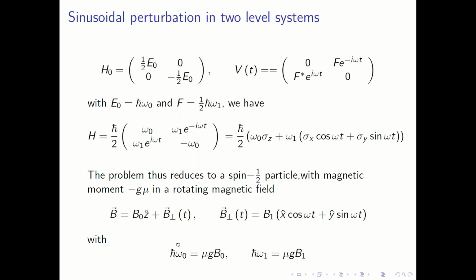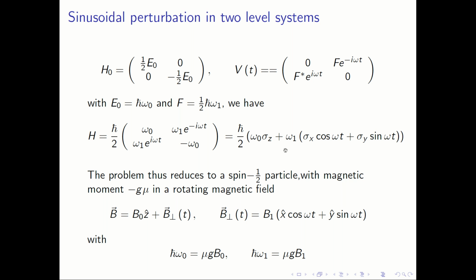Then h cross omega 0, this coefficient, and h cross omega 1 simply can be related to the b0 and b1. So this is straightforward. If you put an electron or any other spin half particle with a charge, of course, with a magnetic moment in a uniformly rotating magnetic field, you are going to end up with this Hamiltonian.